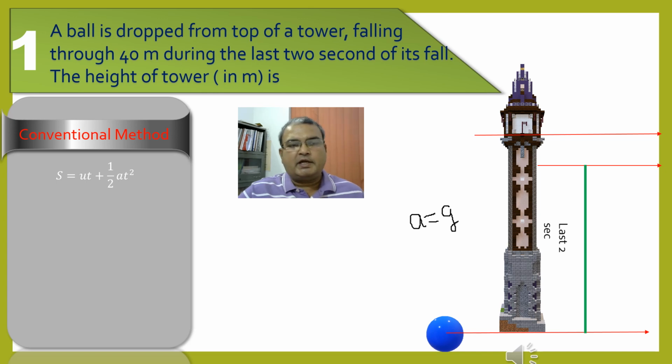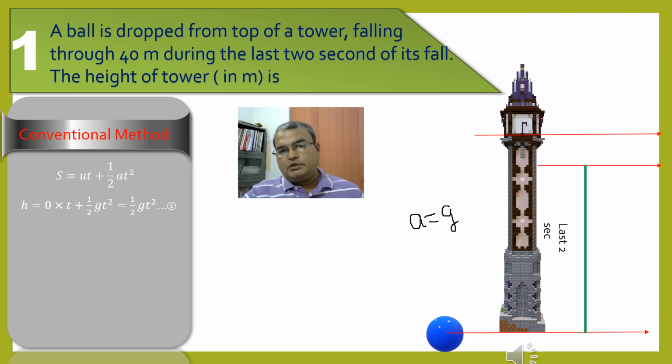Generally, we are taking g as 10 in calculation. If h is the total height and t is the total time of fall, and a is nothing but g, we can place the values in this equation, s equal to ut plus half at square. What is u here? u is 0. 0 multiplied by t plus half g t square. The equation is reduced to half g t square. Why is u 0 here? During free fall the initial velocity is 0. That's why we are taking u equal to 0.